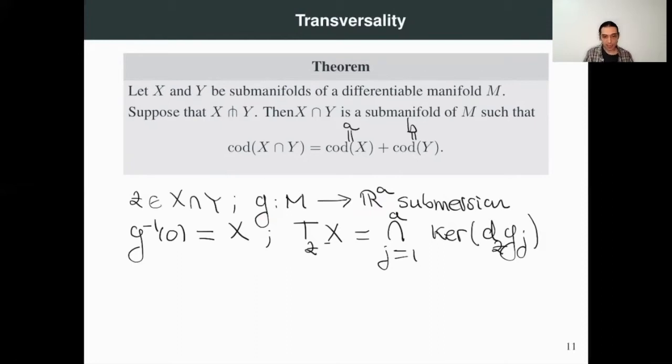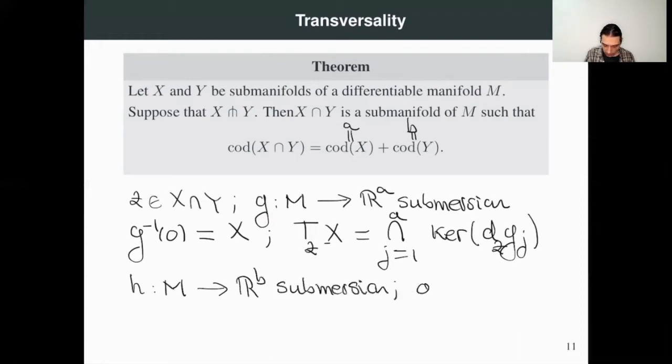All of this again happens locally. So we're going to have a map H from a neighborhood of the point C in the manifold M to R^B that is still going to be a submersion.